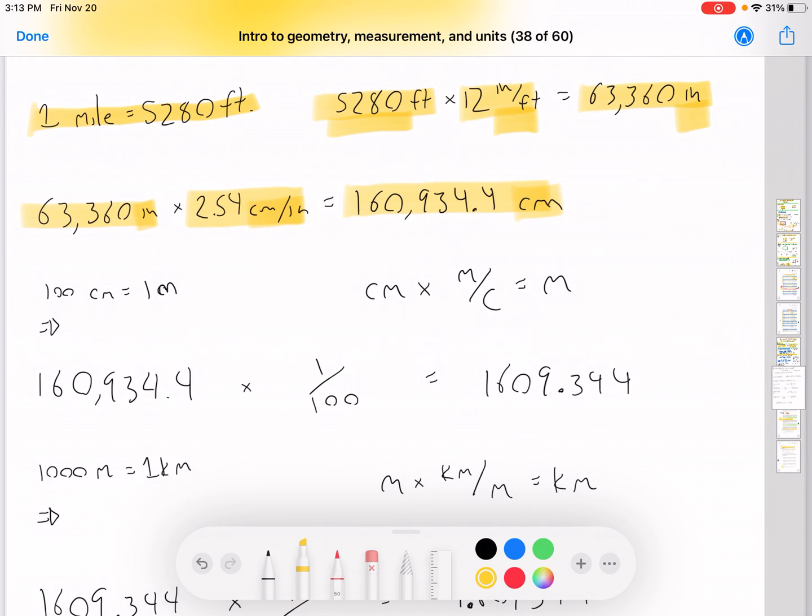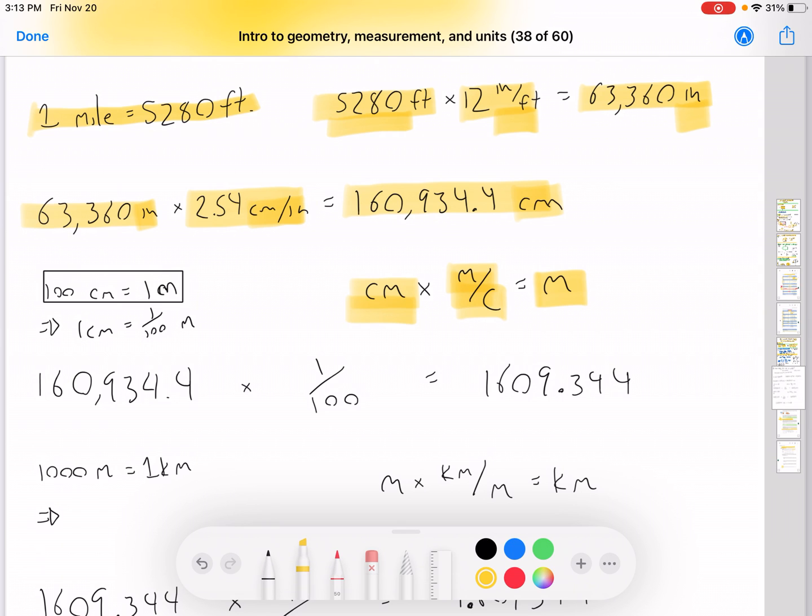If I know the total centimeters per mile, I need to go centimeters times meters per centimeter to give me meters. Well, I know that there's 100 centimeters in a meter, but what I need is the meters per centimeter, so I'd have to divide both of these by 100, and I would get 1 centimeter is equal to 1/100th of a meter.